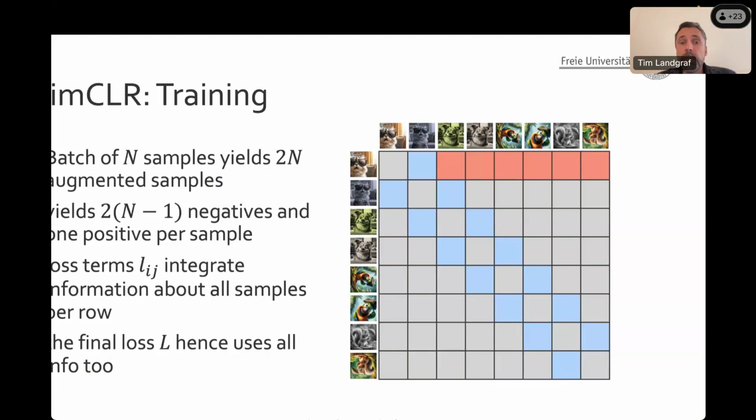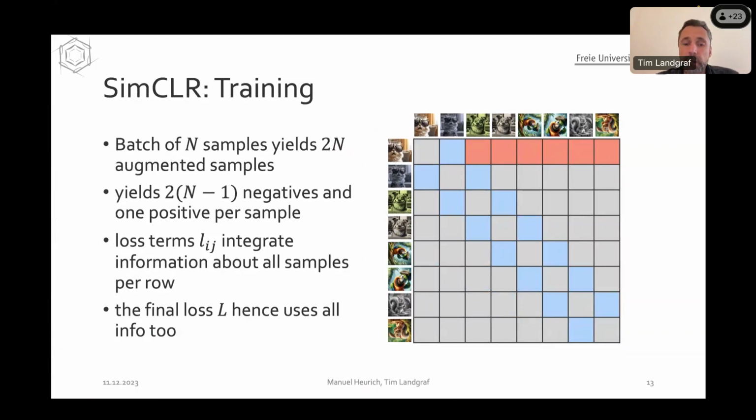We need that to be as similar as possible. And in the denominator, we exclude this guy. But then we have many. So we want these e to the similarities to be as small as possible. So we minimize the negative of this.